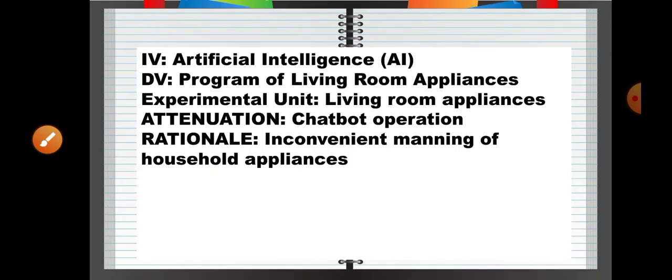Another example for robotics is that we have artificial intelligence for our IV, so AI. Then our dependent variable is the program of living room appliances. And then our experimental unit is the living room appliances. Our attenuation process is that we have to operate the chatbot.